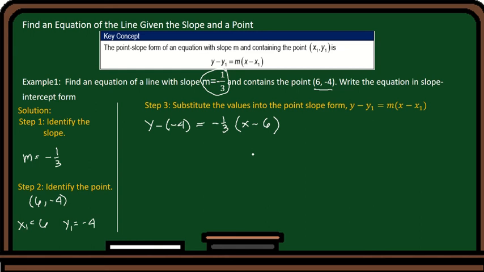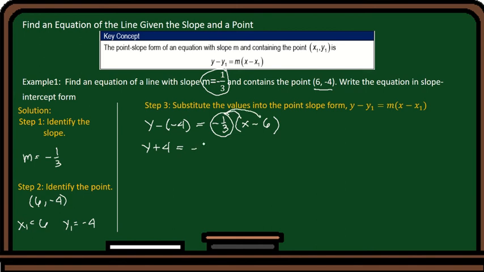Next, we will distribute the given. Since we have here minus 4 or minus negative 4, we will make it plus 4. Papaano? Diba? Negative times negative will become positive. So, we will have y plus 4 is equal to, we will also distribute negative 1/3 to each term of this part.